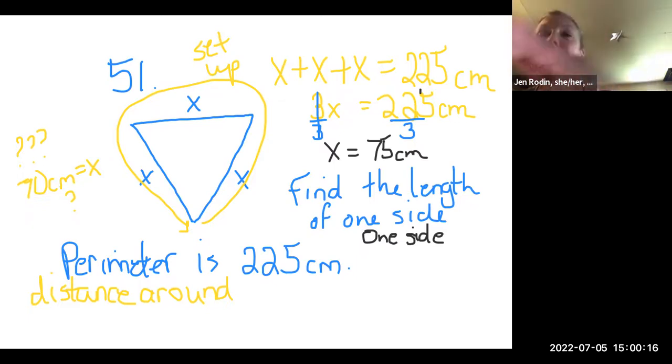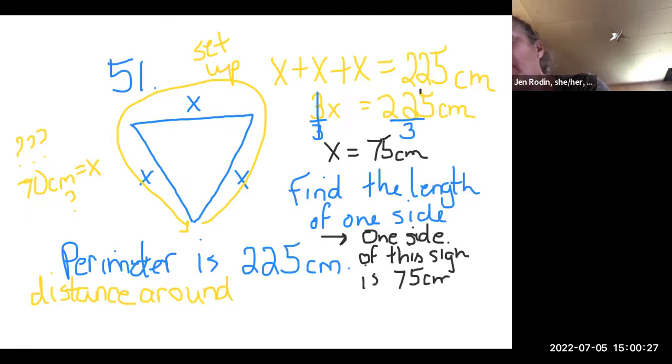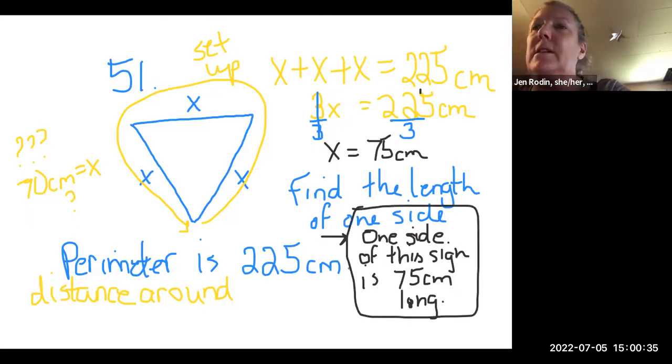We do that when we're answering. So the answer would be one side of this sign is 75 centimeters long. So we can use the question to do the answer and not overthink it, not make it too fancy or complicated.